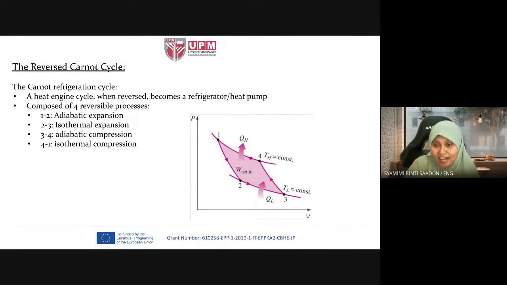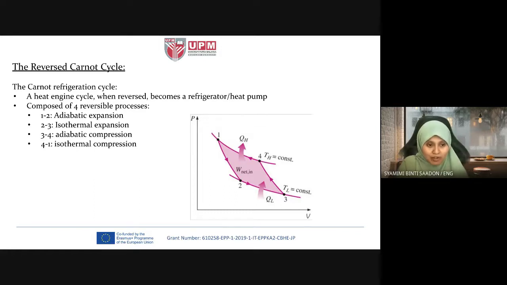Carnot cycle is the ideal heat engine, so the ideal reverse heat engine is this reverse Carnot cycle. So refrigerator and heat pump also have an ideal engine.